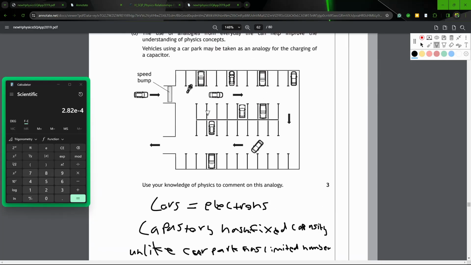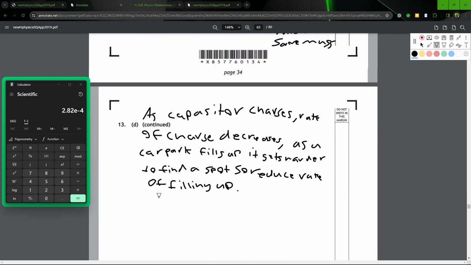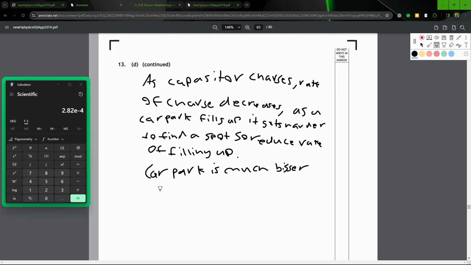And you can figure out five million other different ways. One that I always write down, just because it's kind of funny, is you can say a car park is much bigger than a capacitor, because it's obviously stupid, but it's technically right. It just helps you get extended scale.